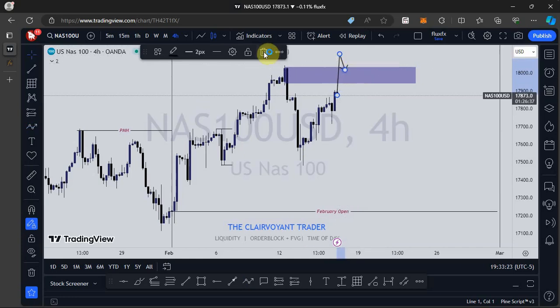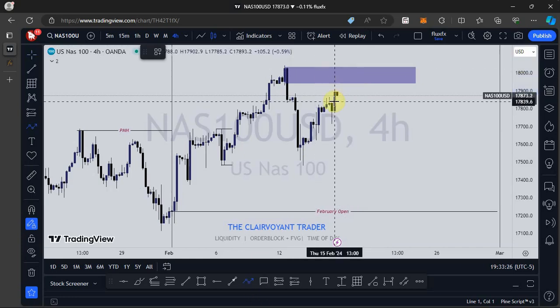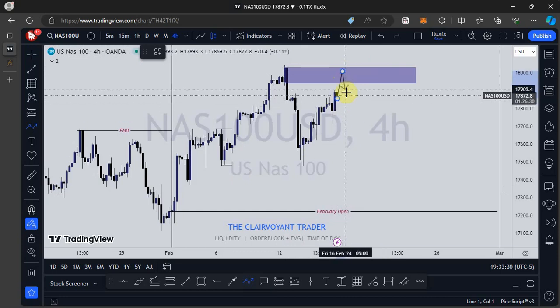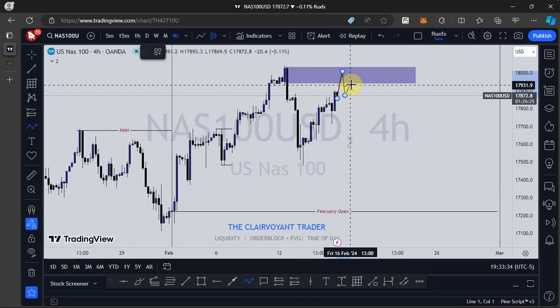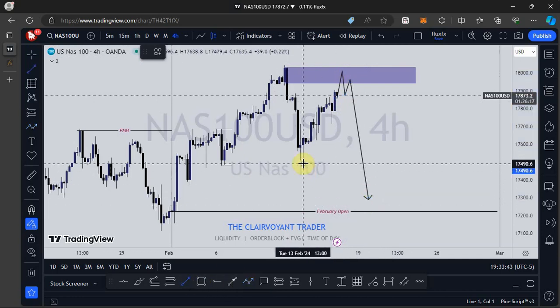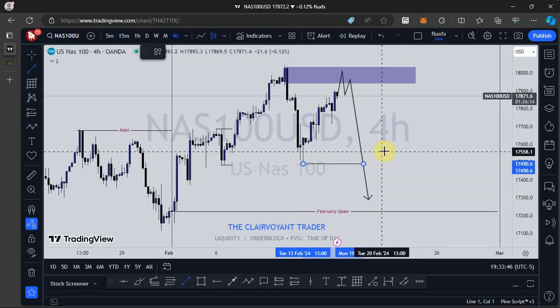But if price fails to violate this, I'll expect to see a candle close below this bearish order block for me to enter sells to target this low right here. That is going to be my expectation so far as NASDAQ is concerned.